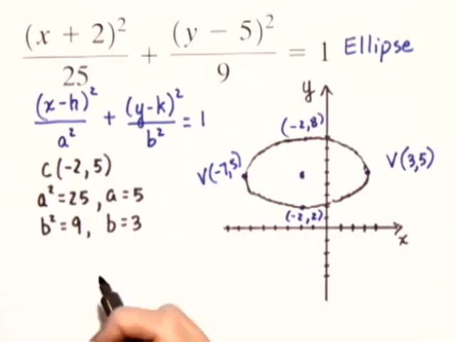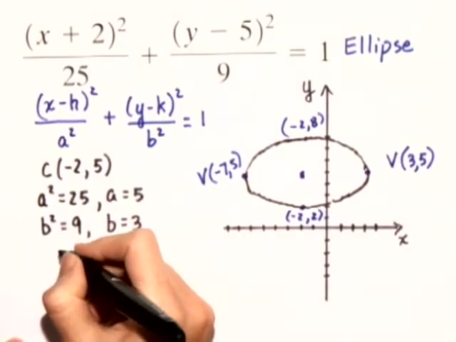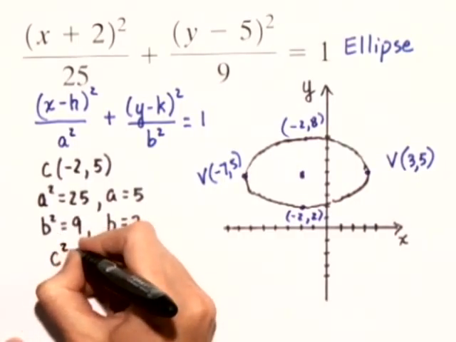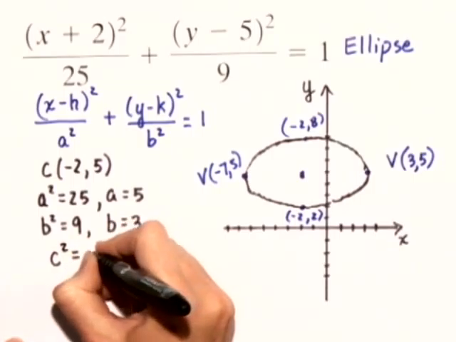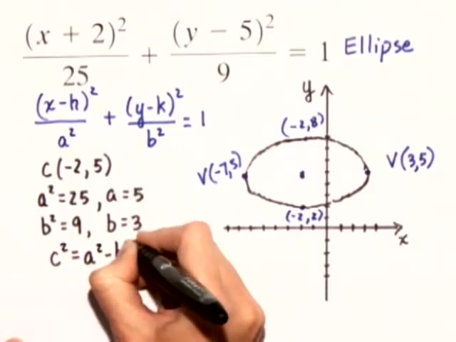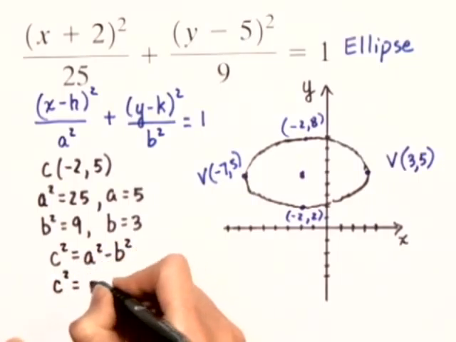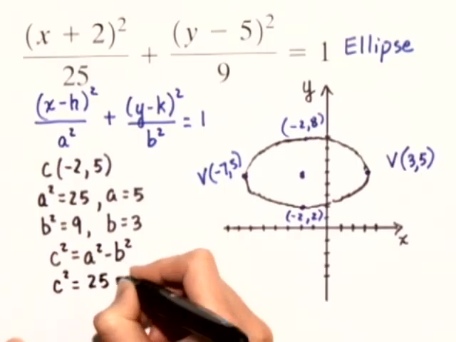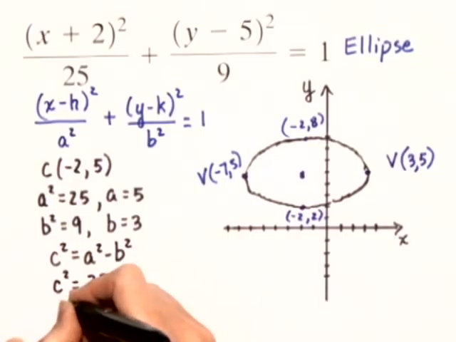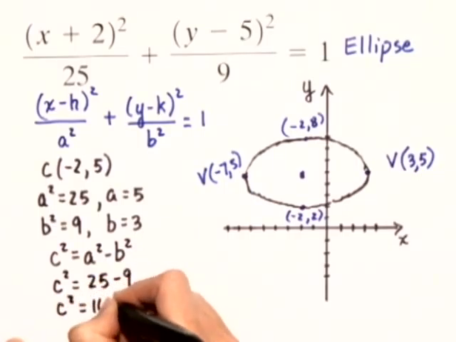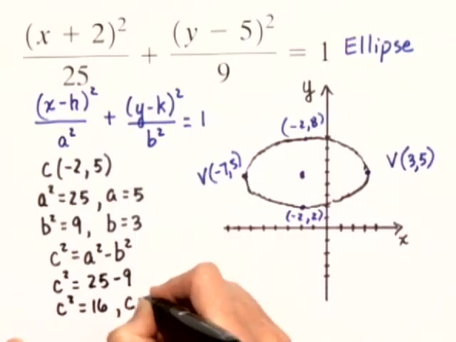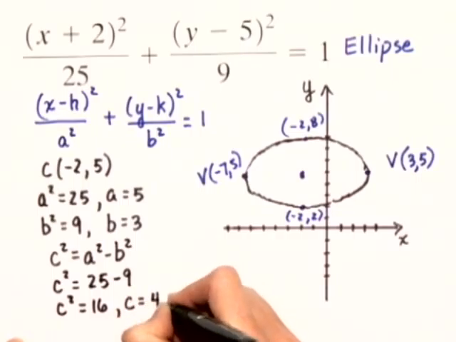So for an ellipse, we have the relationship that c squared is equal to a squared minus b squared. So c squared is equal to a squared, which is 25, minus b squared, which is 9. So in our case, c squared is equal to 16, or c is equal to 4.